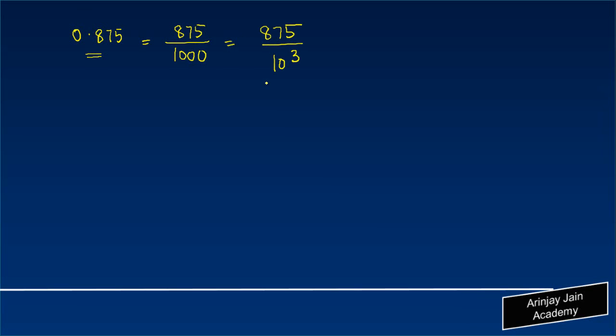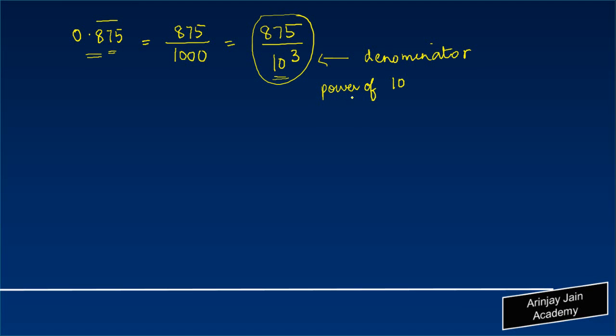If there is a rational number which has a terminating decimal expansion, like this one, which has just 3 digits after the decimal and then nothing, then one thing which is sure is that the denominator of this rational number will be a power of 10. So if a rational number has a power of 10 in the denominator, then we can say that it could be a terminating decimal expansion.